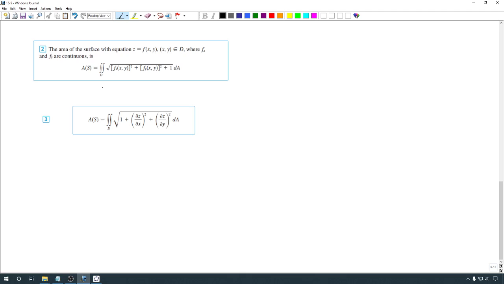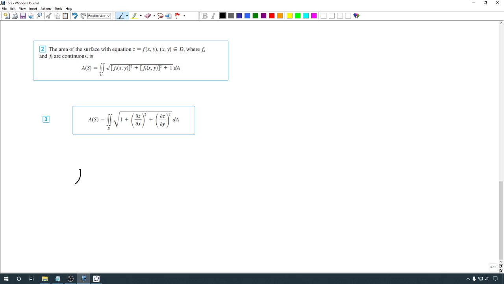And these are really just the same formulas using different notations. But one thing that they wanted you to note here, the formula that we have for the surface area is actually very similar to the formula that we had for arc length back in chapter 8.